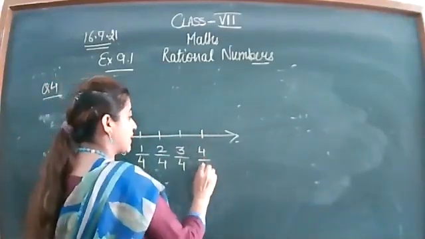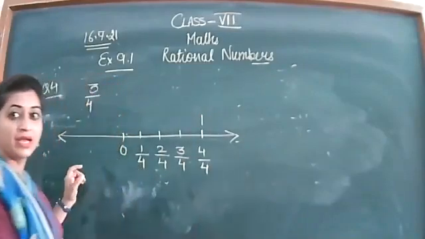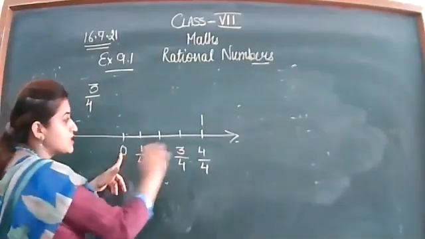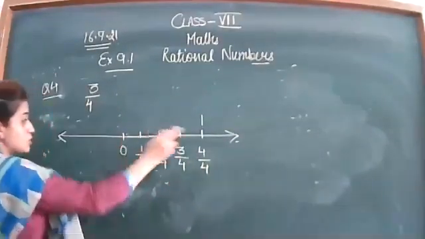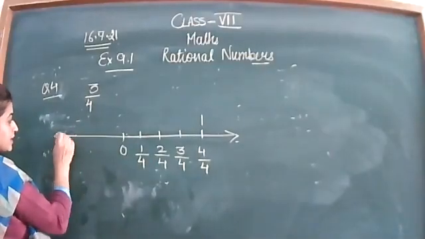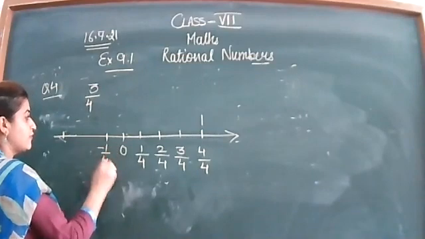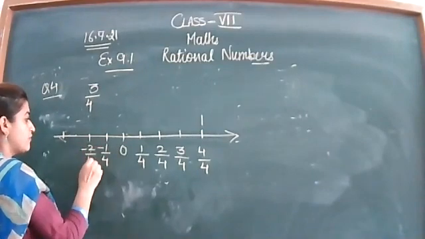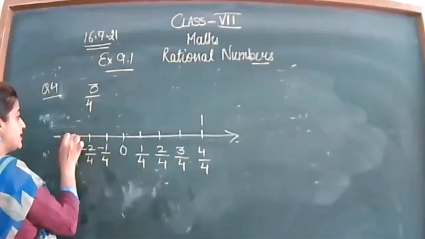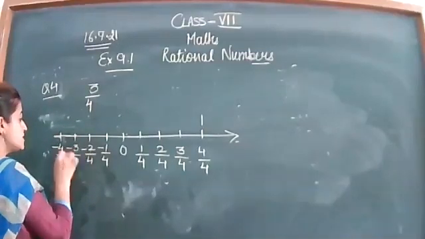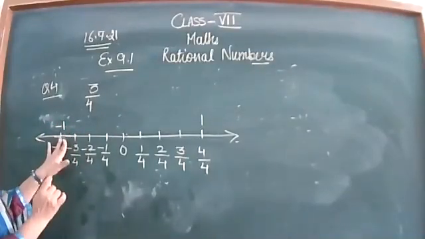Next is your 4 by 4, and 4 by 4 when cancelled out will be your 1. Now have you seen that from 0 to 1 there are 3 numbers between them? The same is the case for the negative side: minus 1 by 4, minus 2 by 4, minus 3 by 4, and next is minus 4 by 4, that is minus 1.